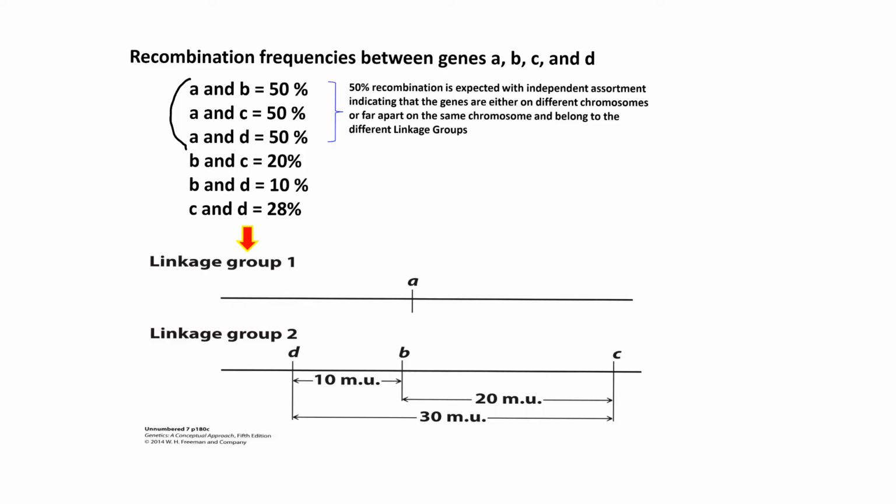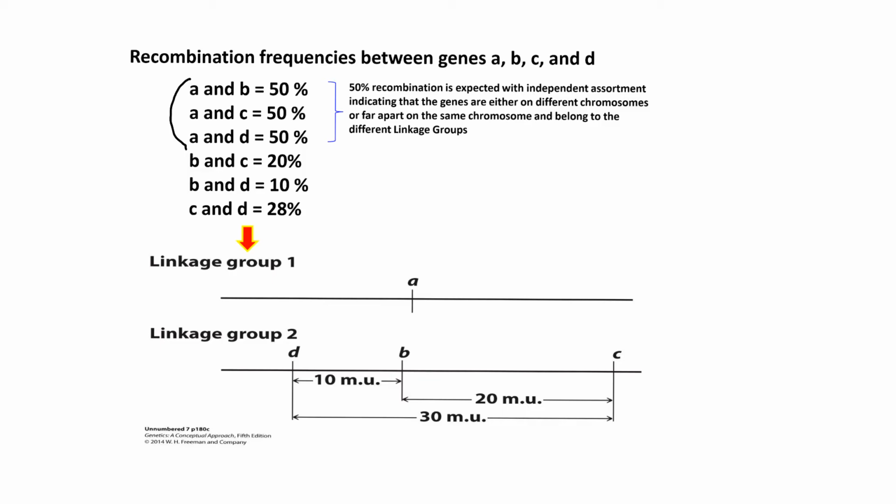Because you know that 50% recombination means that these two genes are so far apart on one chromosome that you cannot really construct a genetic map. You cannot estimate their relative position towards the other genes, or they can actually sort independently.